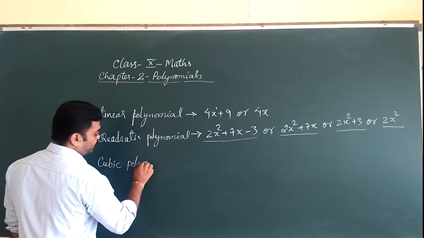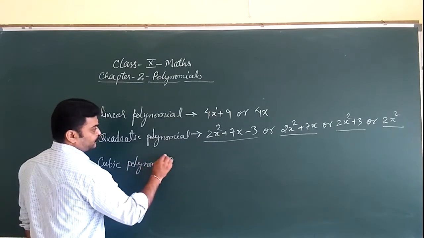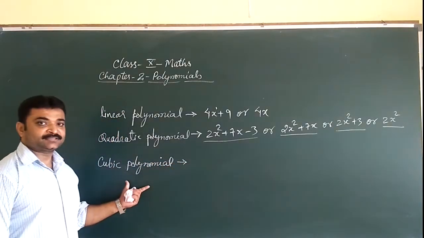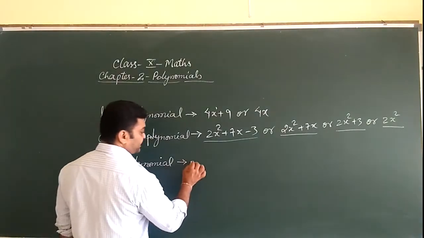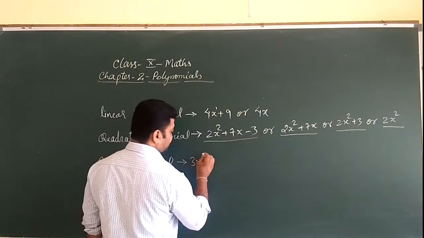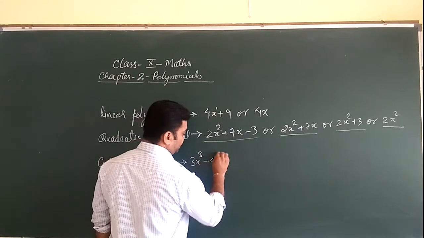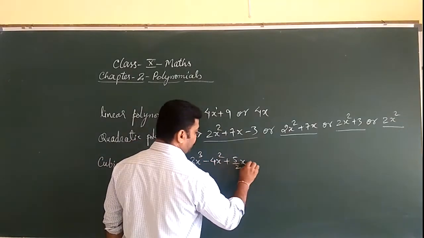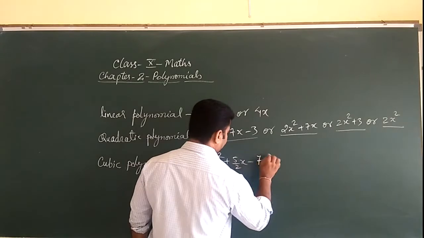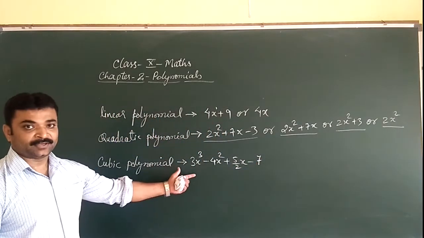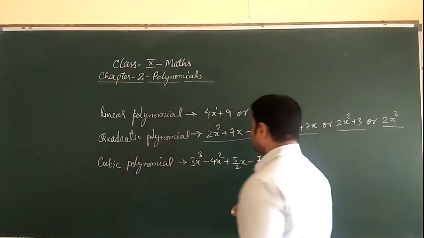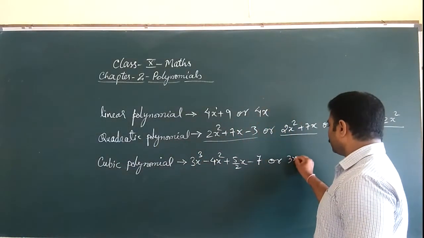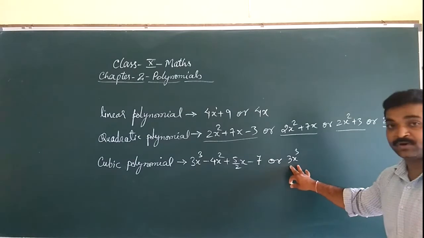Now cubic polynomial. Cubic polynomial means a polynomial with degree 3. Suppose I am writing 3x cube minus 4x square plus 5 upon 2 x minus 7. It's a polynomial. Or we can write 3x cube only. It's also a cubic polynomial.